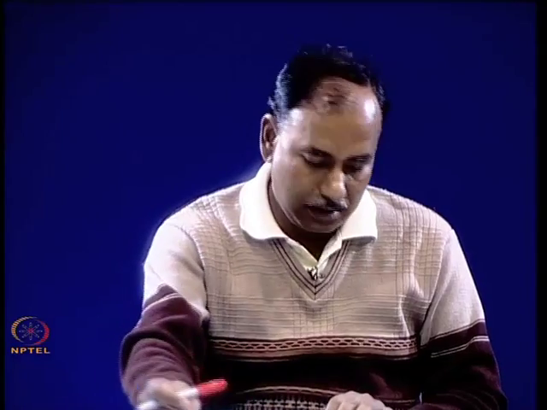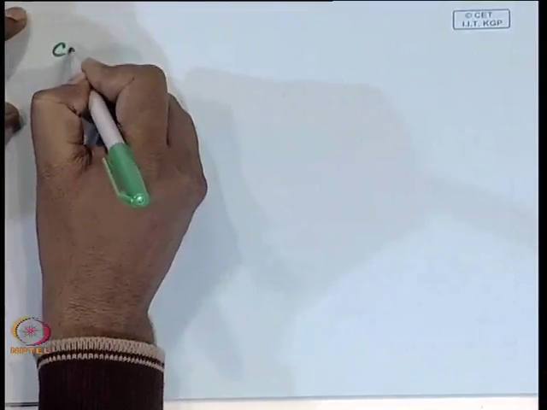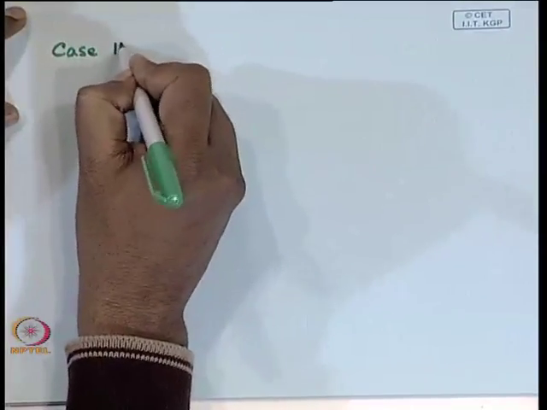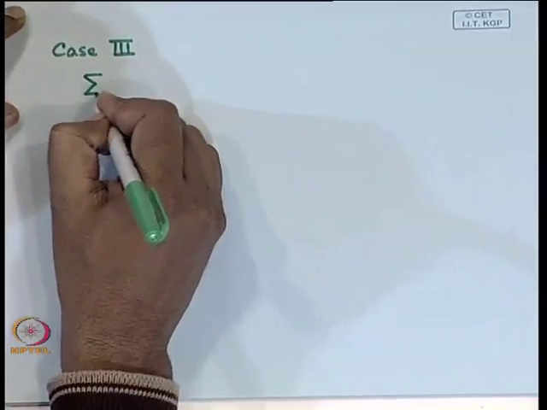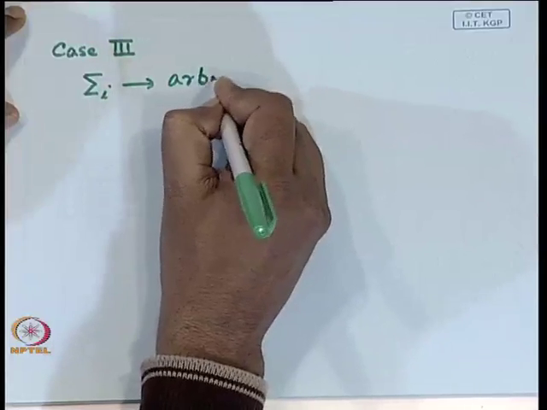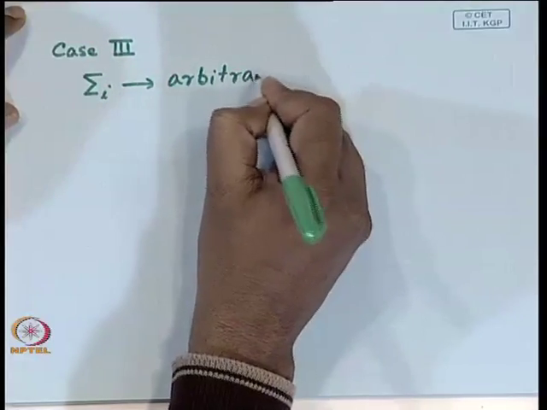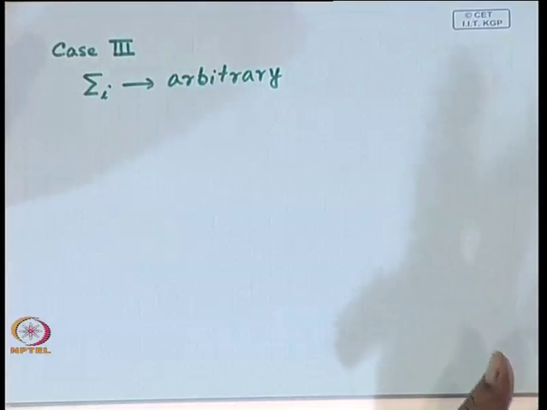Now, let us take the third case, which is the most general one. That is, the covariance matrix sigma I is totally arbitrary. That means different classes have different covariance matrices.